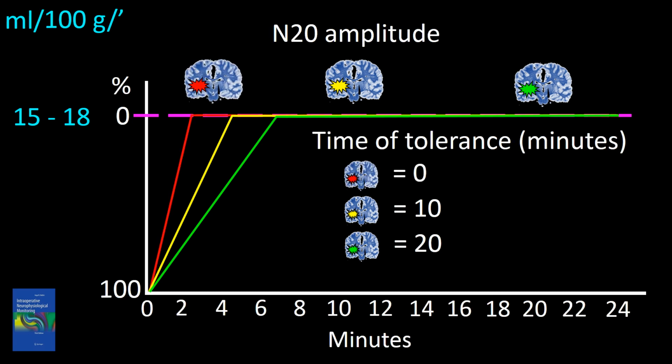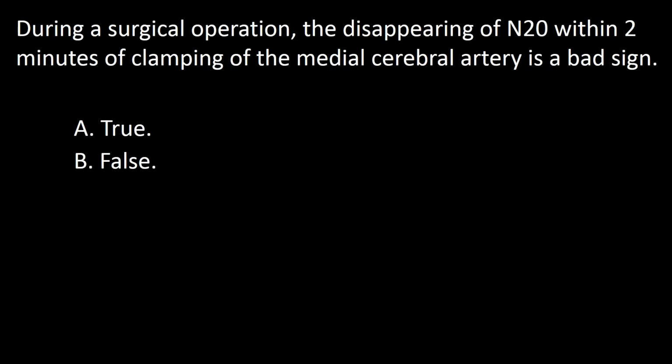If N20 disappears within 2 minutes, there is no tolerance time. Permanent brain damage is likely to occur soon after, unless clamping is released immediately. So the answer to this question is A.